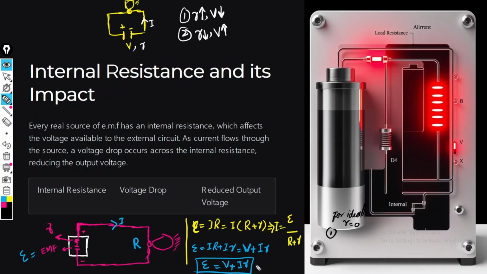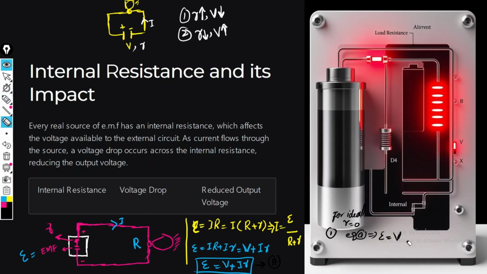Let's say this is equation A. In the first condition, equation A will apply: if we put the internal resistance r equal to 0, then this equation becomes epsilon, sorry, the electromotive force is equal to V plus I times 0, due to which this term becomes 0.